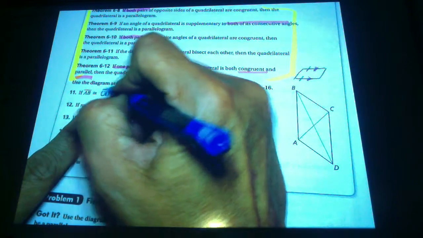So then, looking at the diagram at the right, we're going to fill in the things that we should know based on those things. So if side AB is congruent to side what? CD, and side BC is congruent to side AD, then ABCD is a parallelogram.